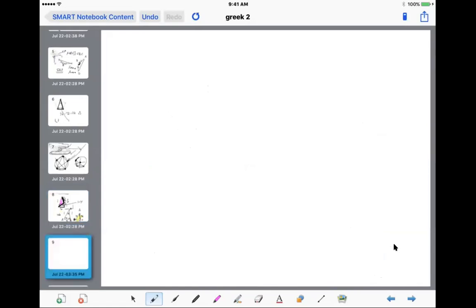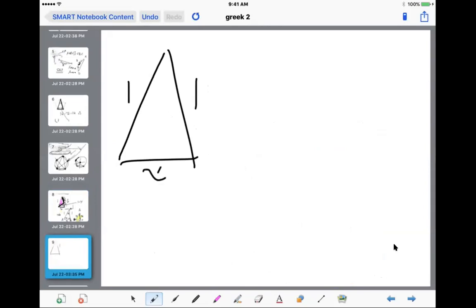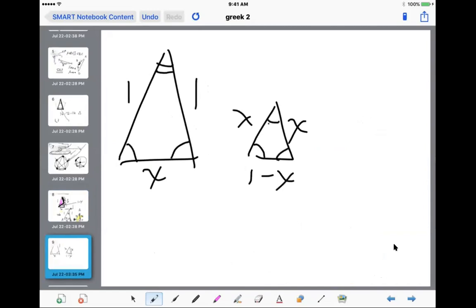Okay, let me go back to the iPad. Okay, we're almost done with this. So here are the two triangles side by side. That's a lot of x's. But these are similar triangles. So what proportion can I create? It's going to have a lot of x's in it.